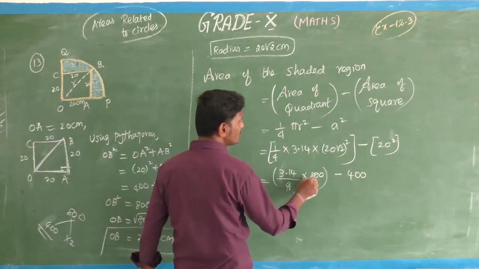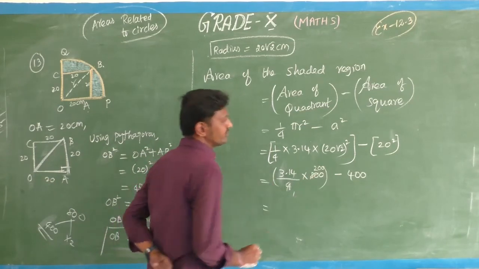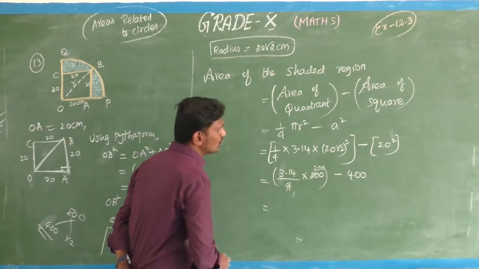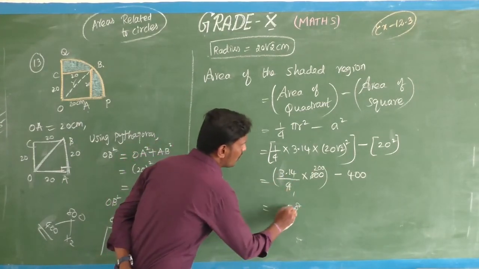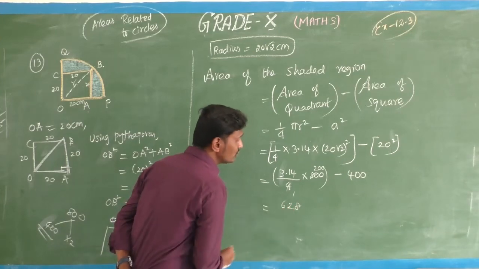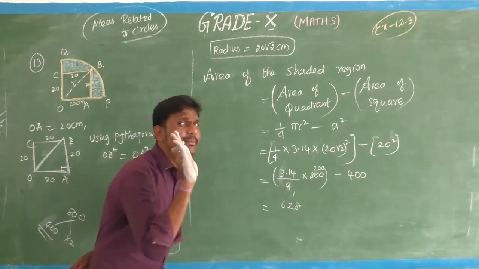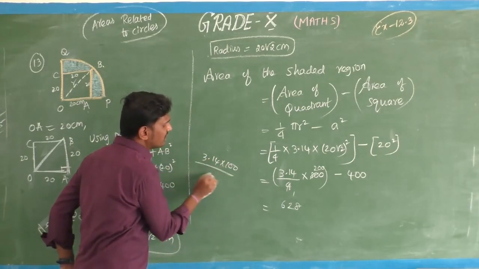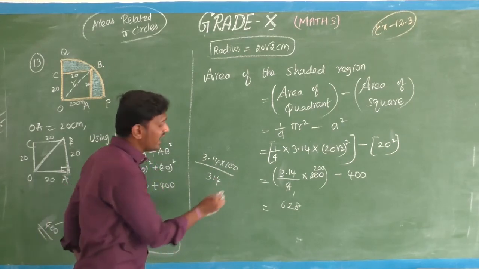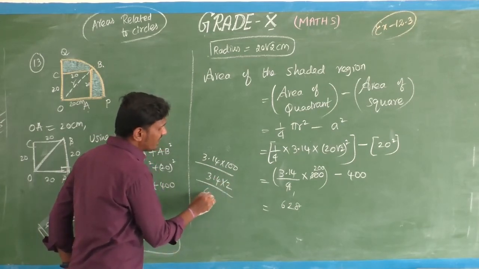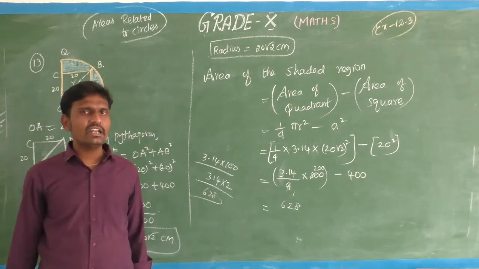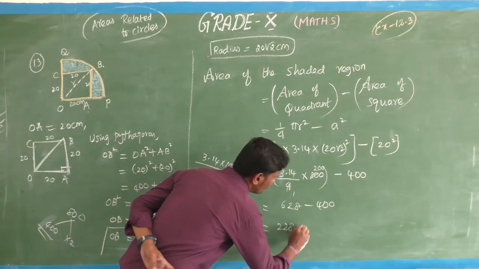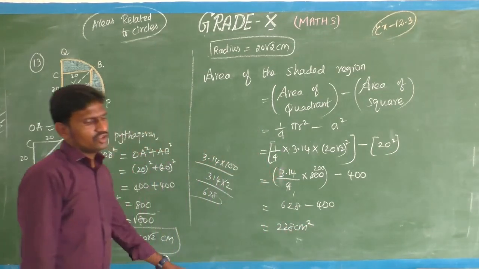One fourth of 800 is 200. Now multiplying 3.14 by 200, we get 628. So minus 400, you have the answer 228 centimeters square. So what is the final answer?